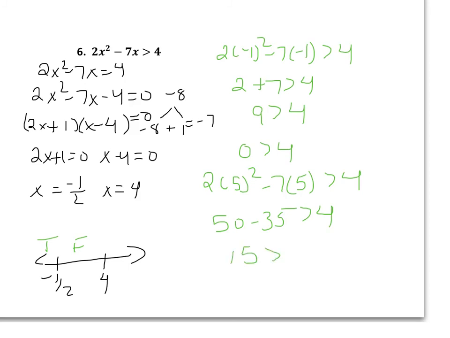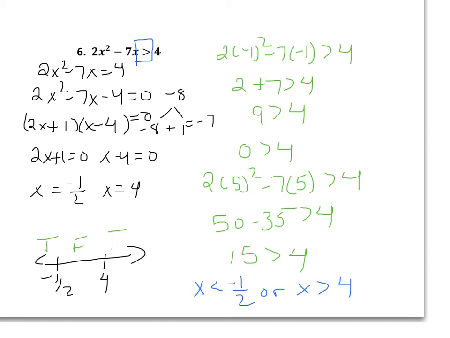Is 15 greater than 4? Yes, it's true. So your final answer, x is less than negative 1/2 or x is greater than 4. And the reason it's only less than and greater than is because there was no or equal to.